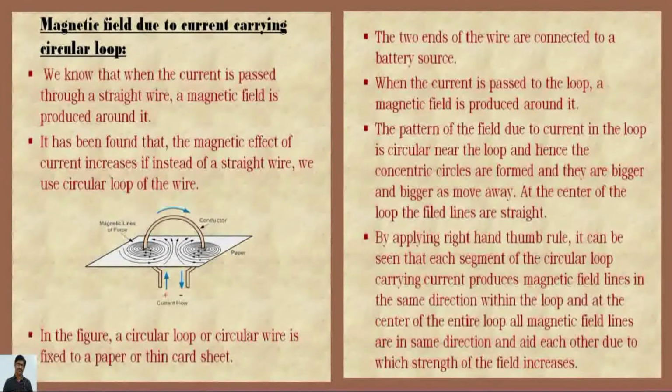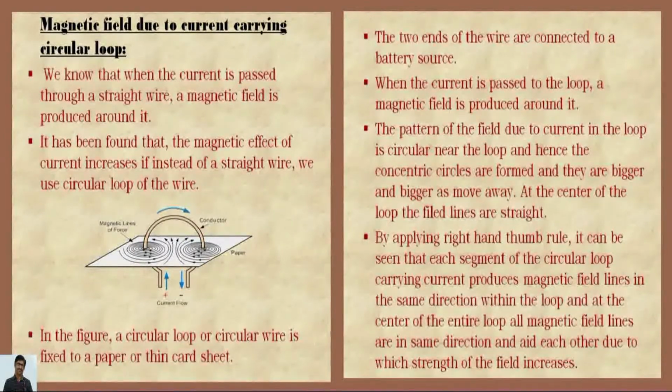The pattern of the field due to this current in the loop is circular near the loop, and the concentric circles become bigger and bigger as they move away.